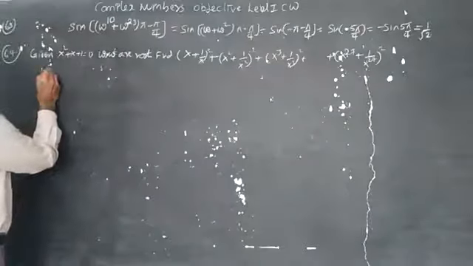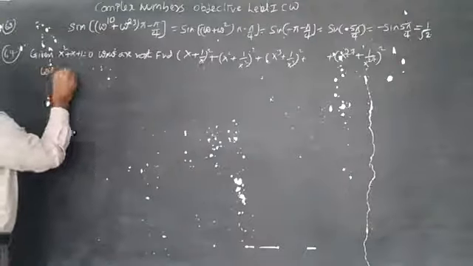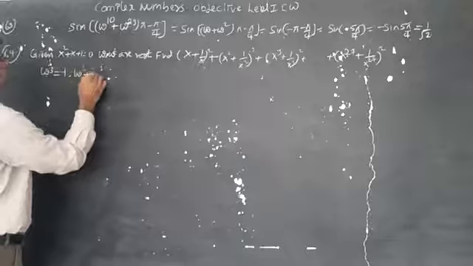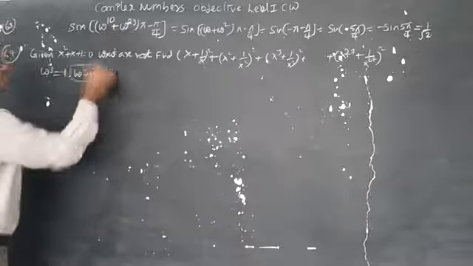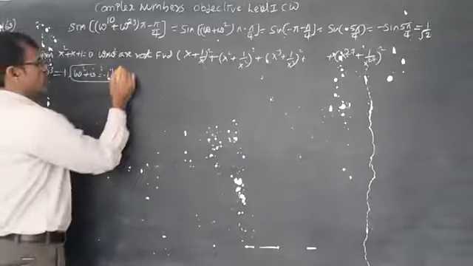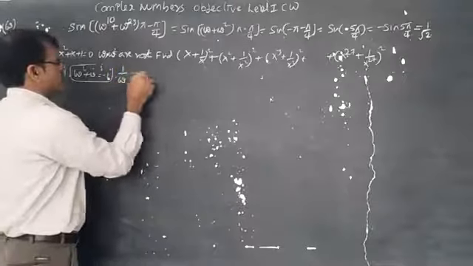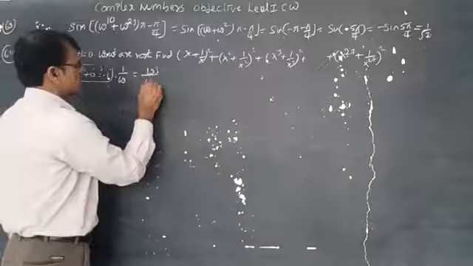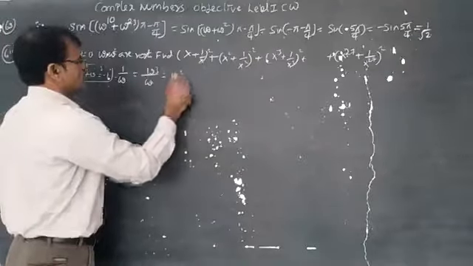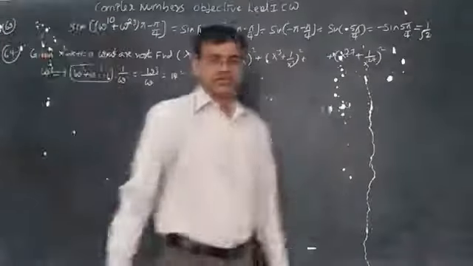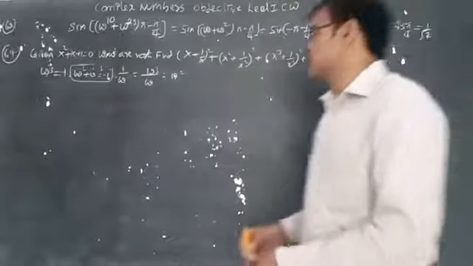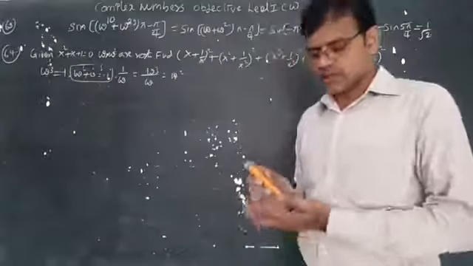Remember the formula: omega cube is equal to 1 and omega square plus omega is equal to minus 1. And 1 by x here means 1 by omega, which can be understood as omega cube by omega, that is omega square. If the power is a multiple of 3, the value is 1.